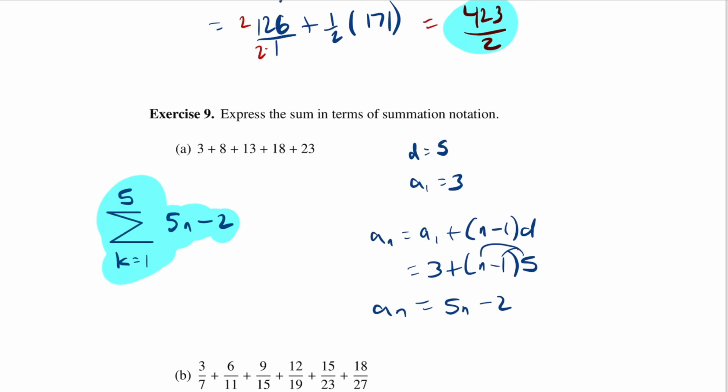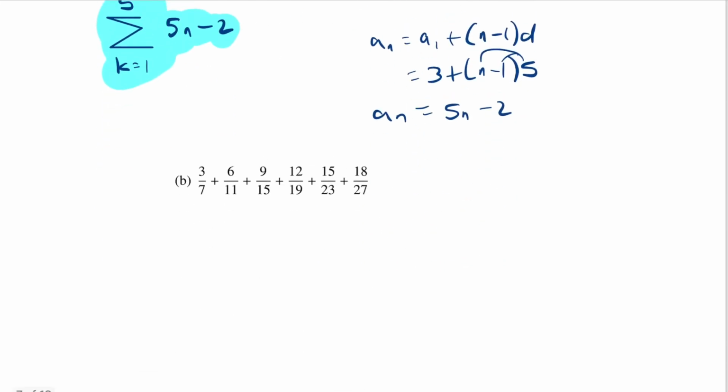So for the numerators, the common difference is 3. So a sub n is going to be a sub 1 plus n minus 1 times d, which is 3 plus n minus 1 times 3. So the nth term is given by 3n. The negative 3 and the positive 3 cancel. Now let's look at the denominators.